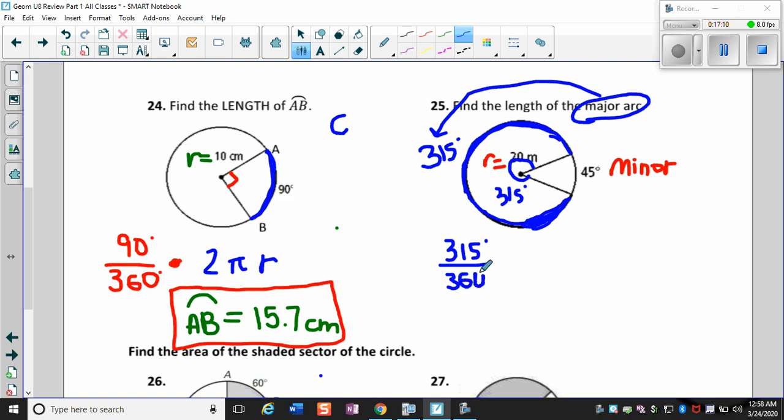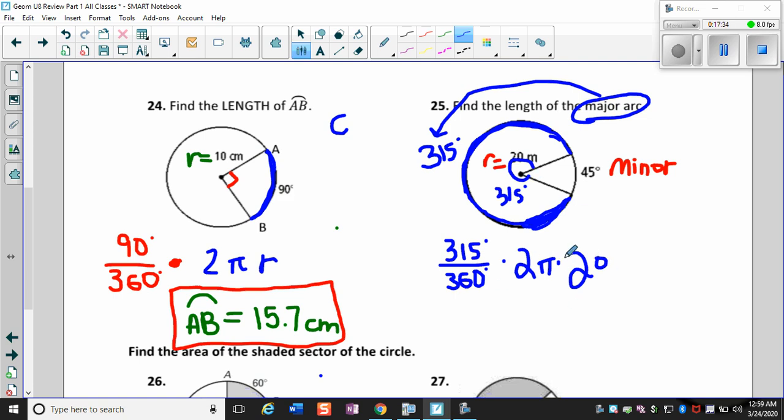So we're taking part of the circle. Do you see that? It's a ratio. Part of the circle that we're interested in is 315 degrees over 360. Then we multiply it by our circumference formula, so 2 pi, and then the radius was 20. So we're going to multiply it by 20. Sorry, my 20 came out really big.